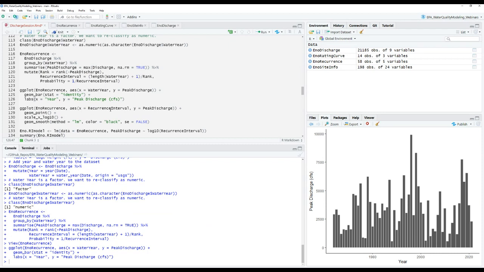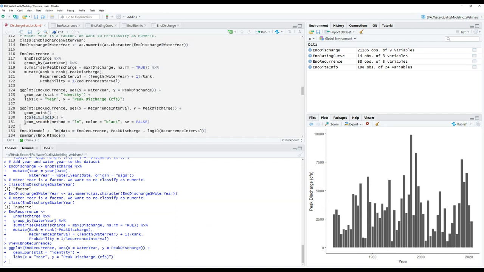You can also plot the recurrence interval against peak discharge. This is how we might think about estimating how often a discharge of a given magnitude might occur. So let's look at Eno recurrence. Our aesthetics will be X is the recurrence interval and Y is peak discharge. Let's make a point. We can put this in log space, which can be useful for discharge data because we're working basically in orders of magnitude instead of on a linear scale.